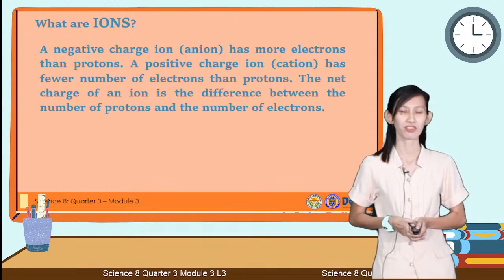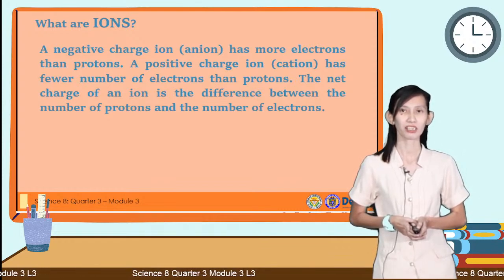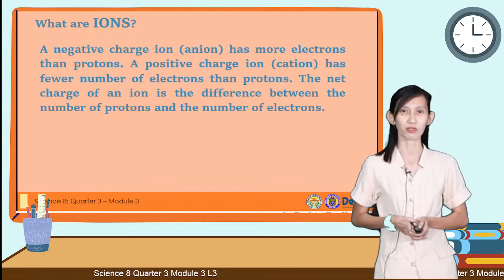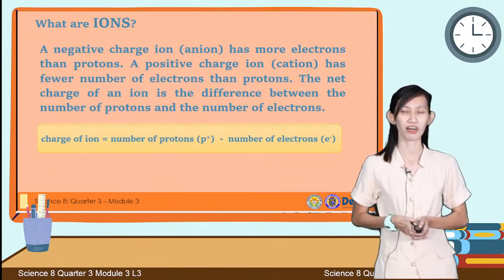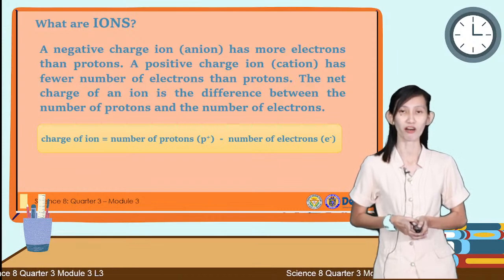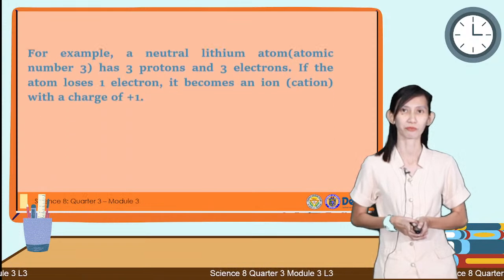A positively charged ion, or cation, has fewer electrons than protons. The net charge of an ion is the difference between the number of protons and the number of electrons. Therefore, the charge of an ion equals the number of protons minus the number of electrons.